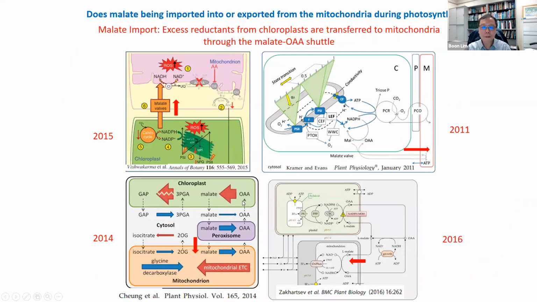Actually, there were a lot of papers saying that malate from the chloroplast is imported into mitochondria. You can see that in this 2015 paper, 2014 paper, 2016 paper, and 2011 paper, malate is imported into mitochondria.